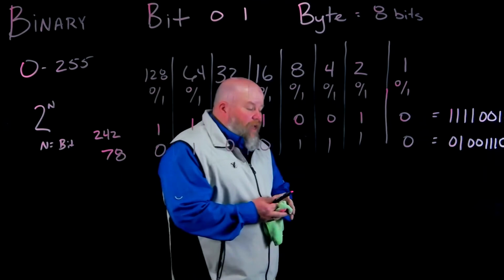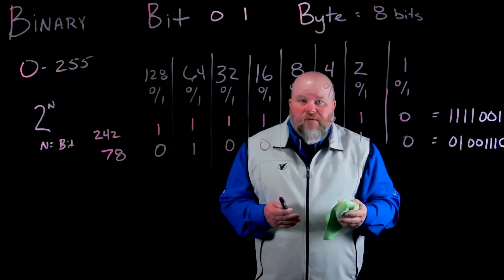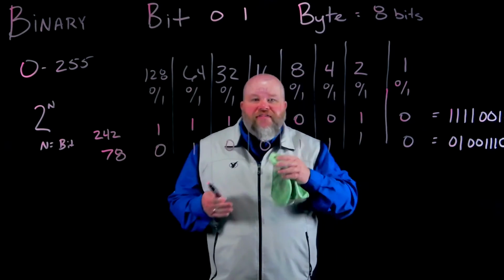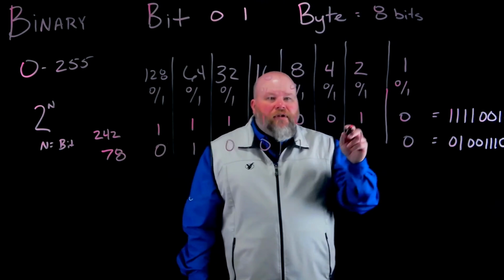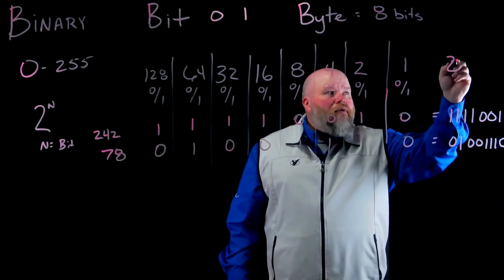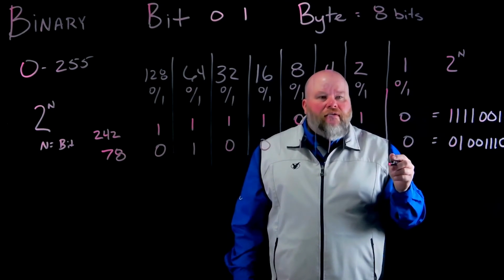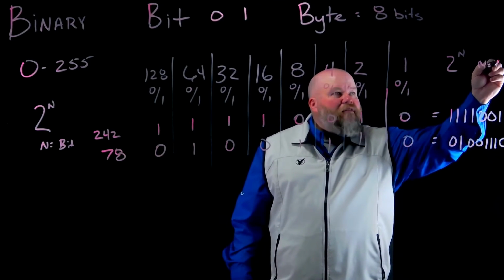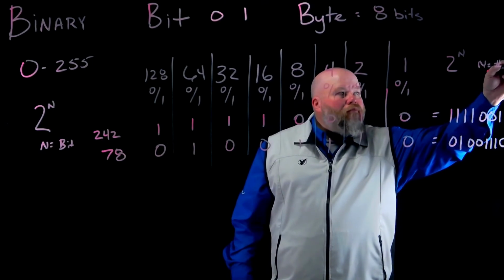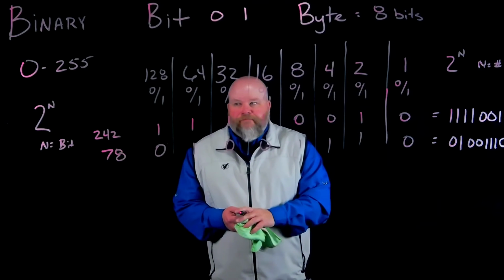By changing our combinations of values, by changing that on or off state, we get a total number of combinations equal to 2 to the power of n, where n equals the number of bits that are being talked about. Okay?